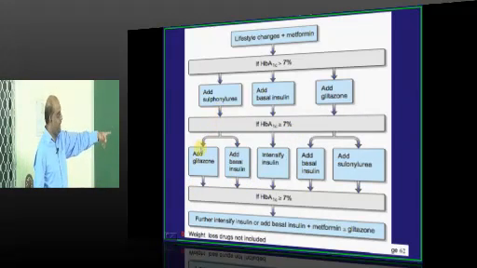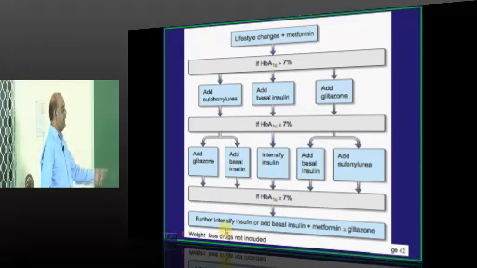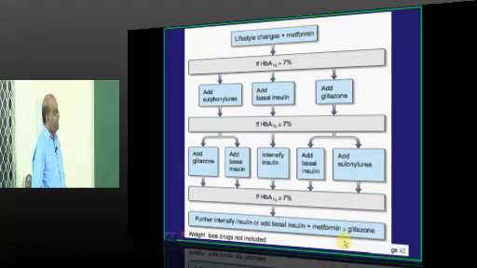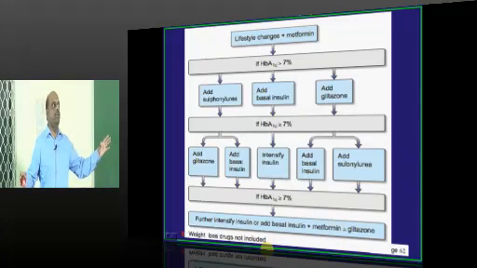Sulfonylurea already added means you need to add glitazone and insulin. And if he is already on insulin, you need to intensify the insulin. If he is already on glitazone, you need to add insulin and sulfonylurea. Then still if the HbA1c is more than 7%, you need to further intensify the insulin regimen and then ultimately combine insulin, metformin, glitazone and see to it that the glucose levels are brought to normal.